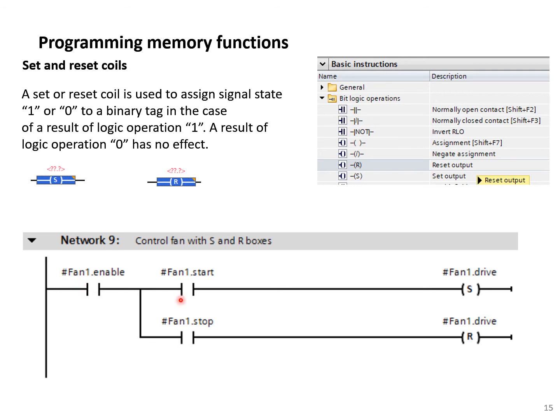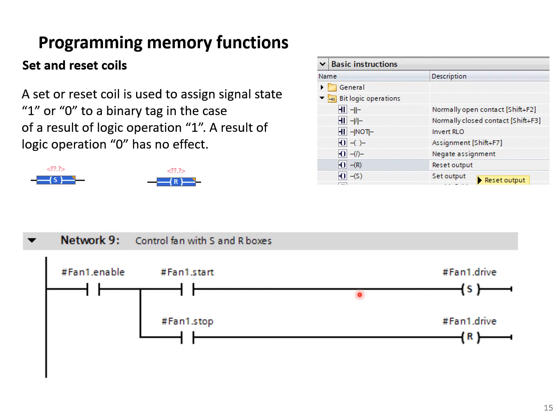So this one is true. You press the start button, then you have true. Now you have a true logic on this rung, so you could set the first fan. Now if you release this start, let's say this is a push button, this fan 1 will keep working because you already set it.